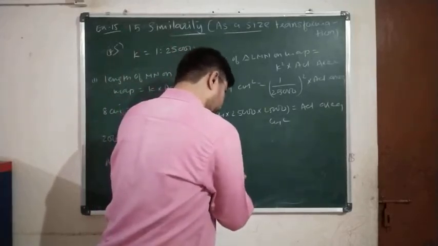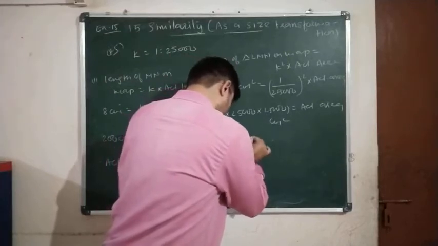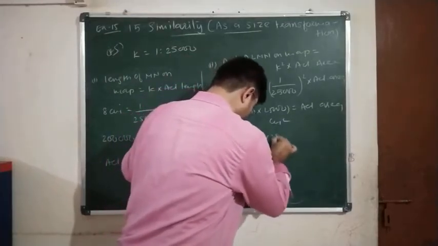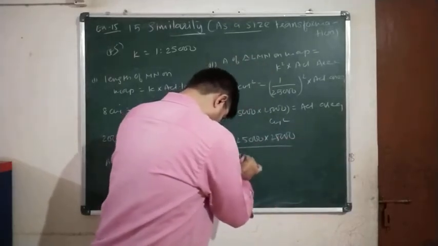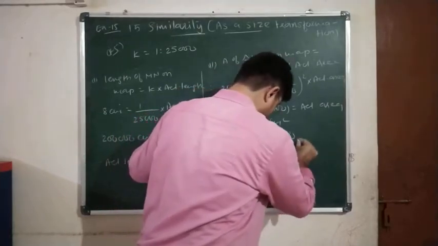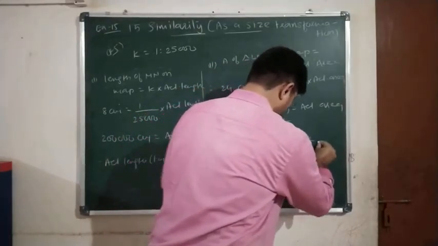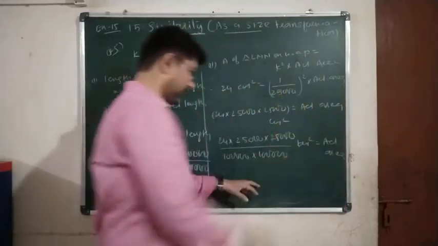Now 24 into 25,000 into 25,000 upon 1 lakh into 1 lakh, square kilometer, is equal to the actual area. Clear?